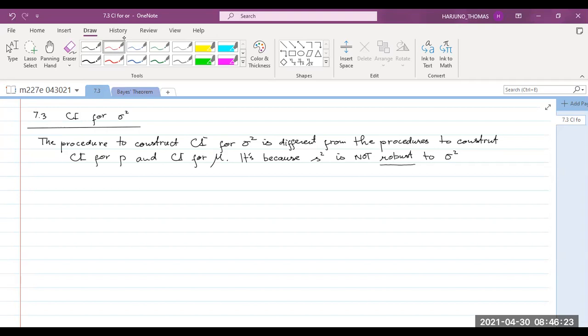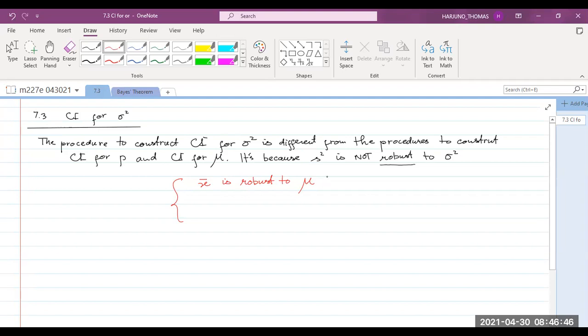Well, robust means the following. We say that X bar, the sample mean, is robust to population mean in the following way.